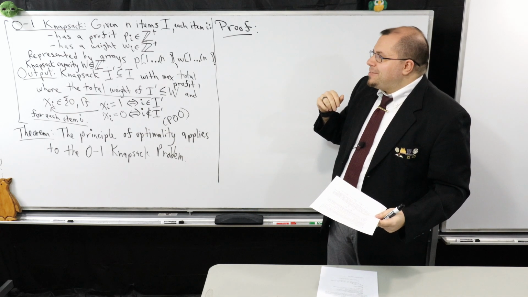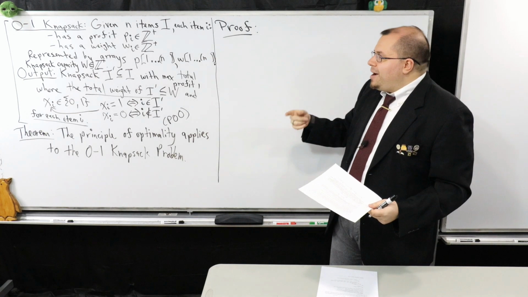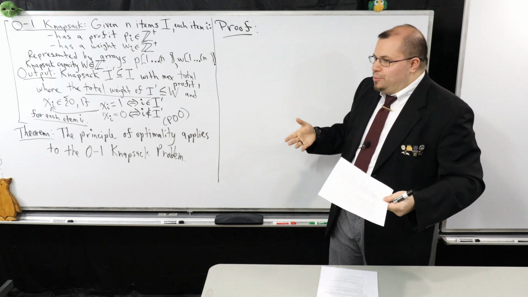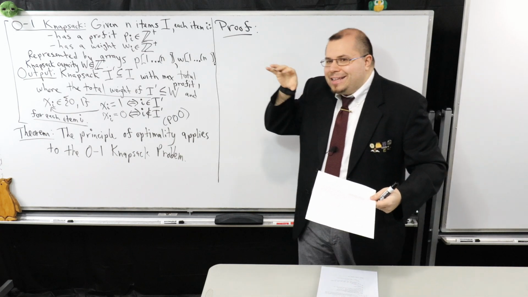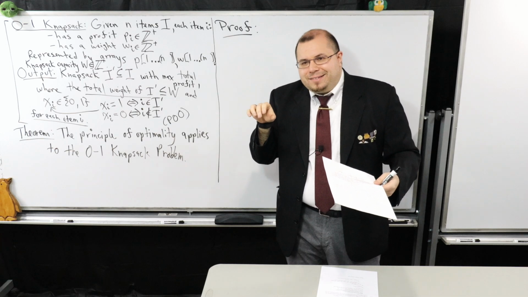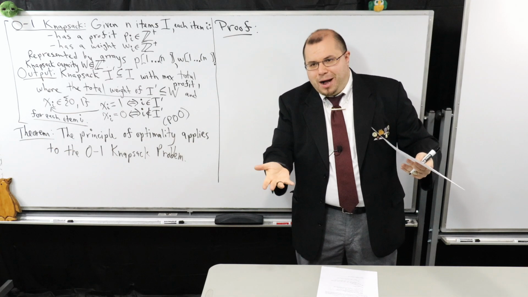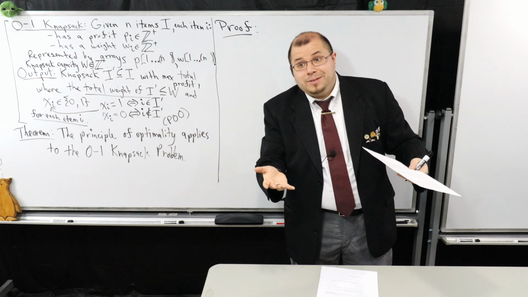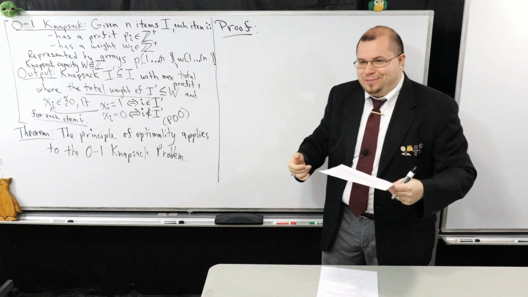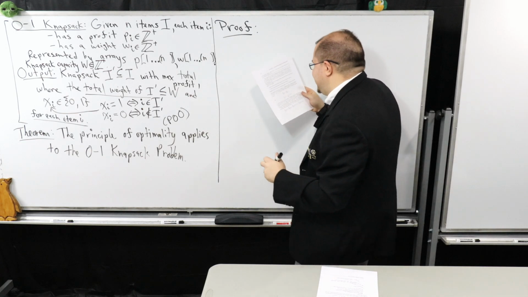If I assume there was a better answer, then all I have to do is take what I had for my optimal less that one item, and add back in the item, and compare whatever this hypothetical better answer is versus my assumed not as good answer. I end up with a better answer. That leads to a contradiction. So we're going to see how this cut and paste approach goes.